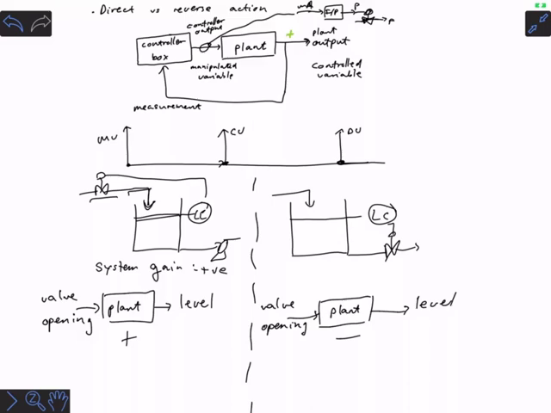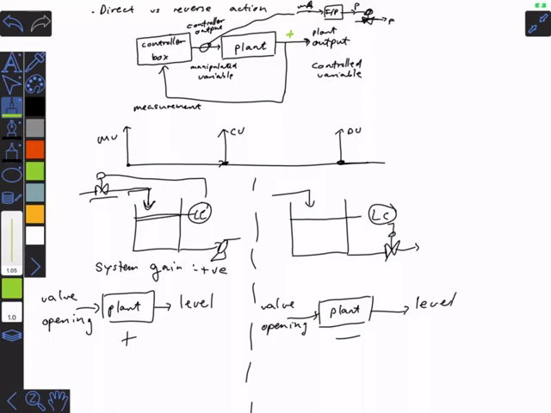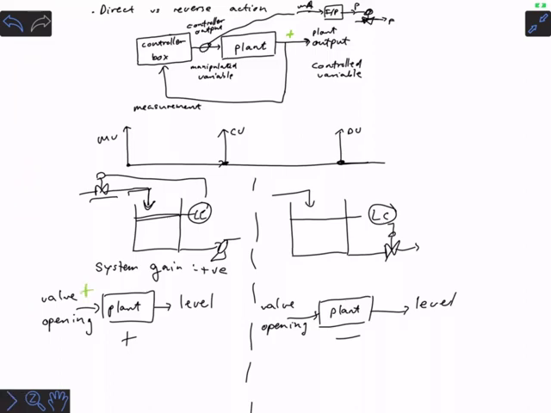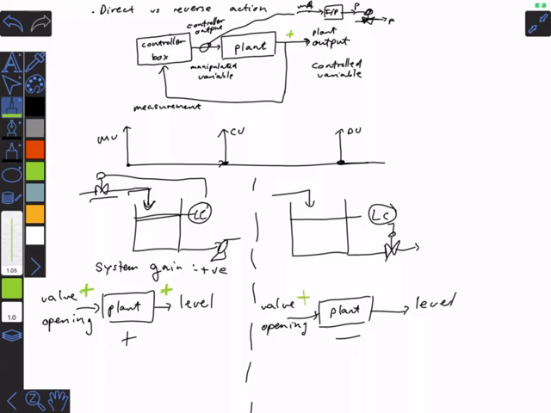But that means that when I do a plus here, that becomes a plus. And when I do a plus here, that becomes a minus if we're talking about deviation variables. So in deviation variables, assuming that things started out at 0, if the input becomes positive, in that case, the output will become negative. Okay, so that's the gain of the system.